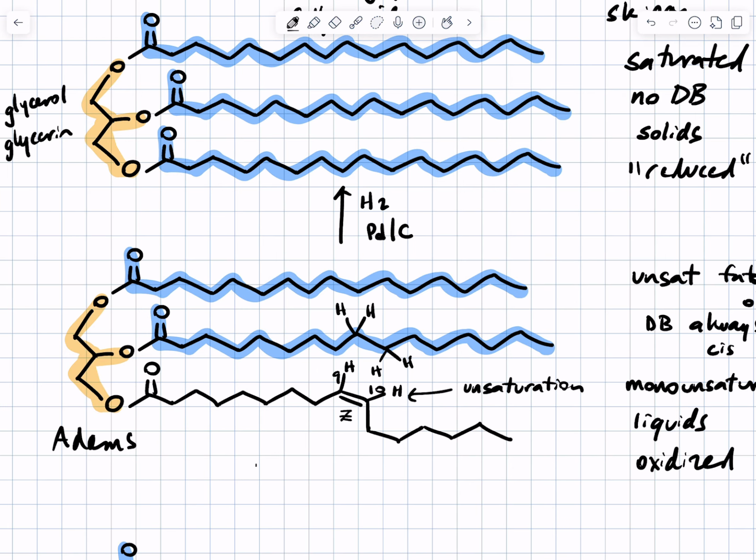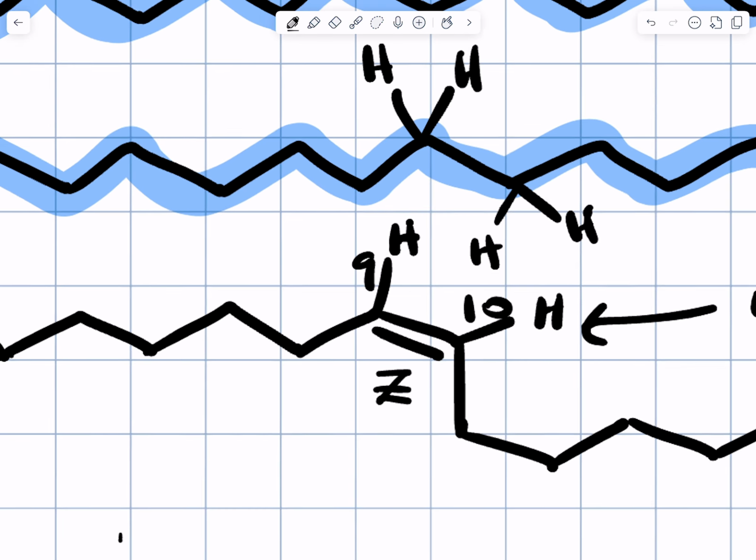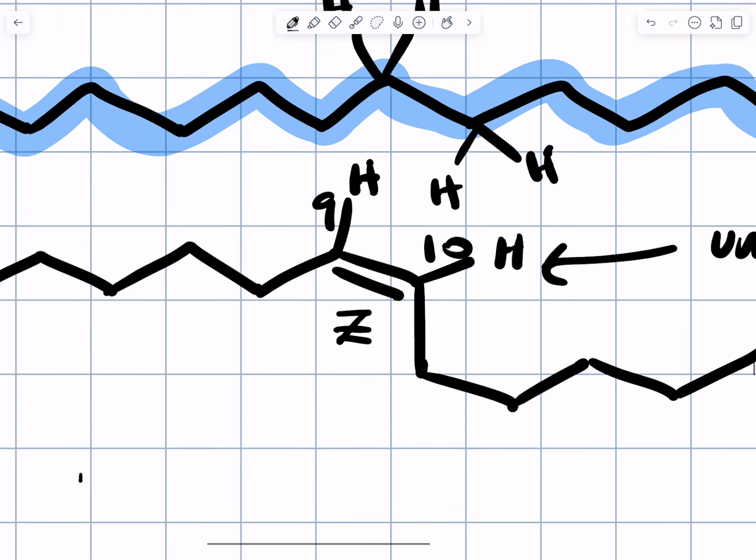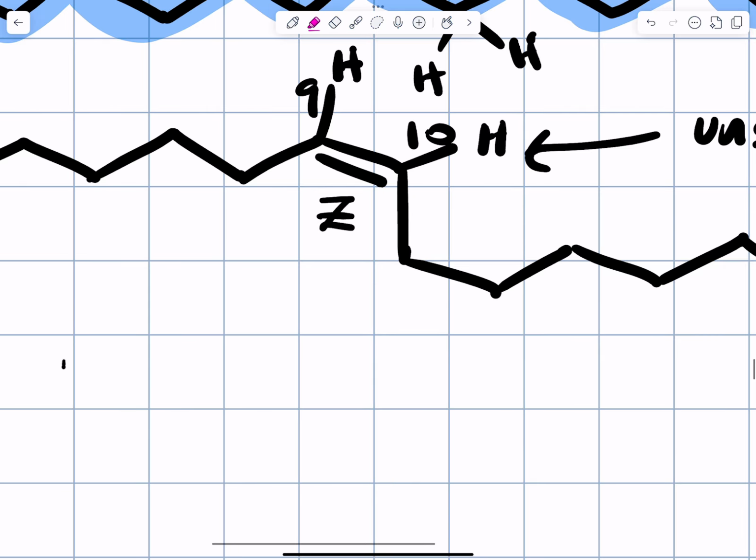And the answer lies in the presence of those double bonds. So double bonds are reactive. You haven't learned this chemistry yet, but in particular, the allylic carbons adjacent to the pi bond are especially reactive.